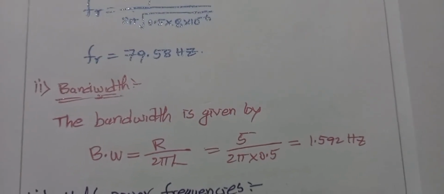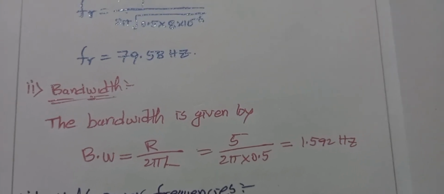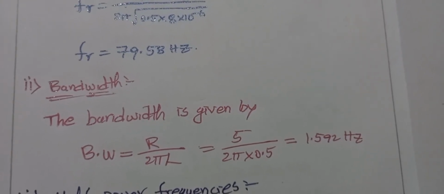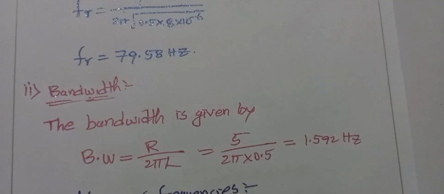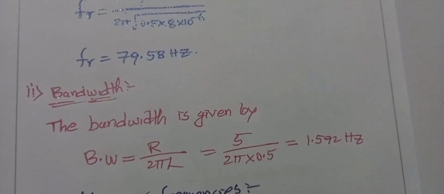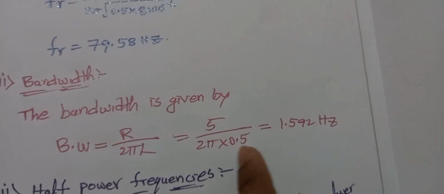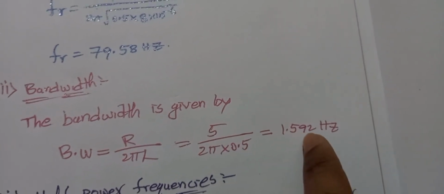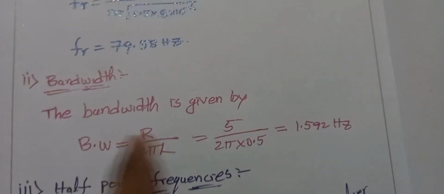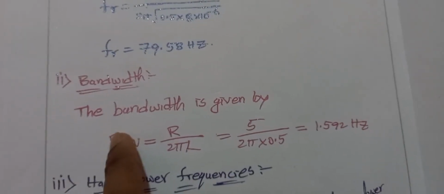Here for RLC circuit bandwidth is R by 2 pi L. So already we know that resistance value is 5 ohms and L is 0.5 henries. Then we can get 1.592 as the actual bandwidth of the given values.